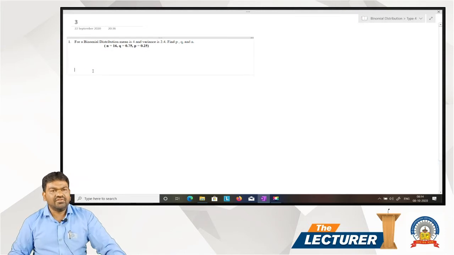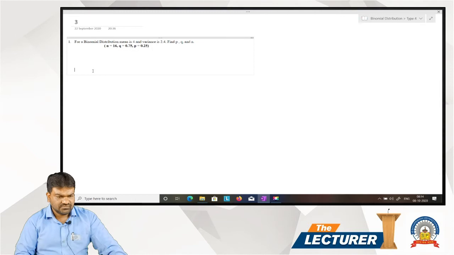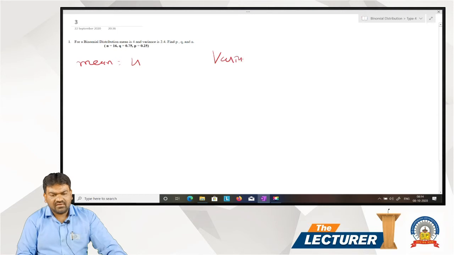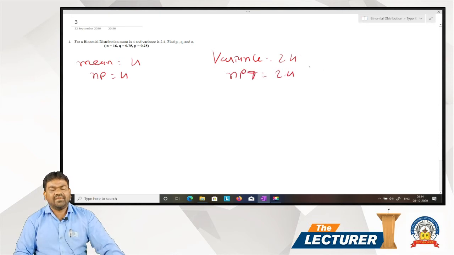Next, example number 3. For a binomial distribution, mean is equal to 4 and variance is equal to 2.4, find n, p and q. So mean is given 4, variance is given 2.4. We know that mean is equal to np, np is equal to 4, variance is equal to npq, npq is equal to 2.4.